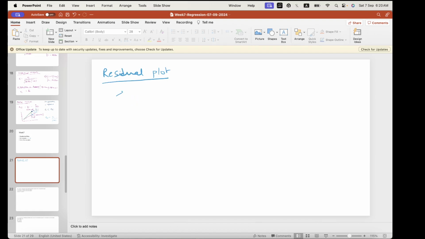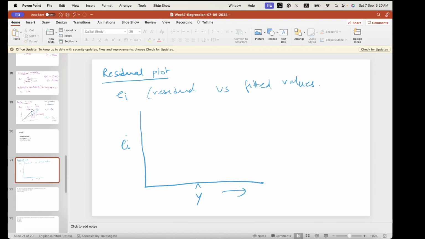So what do we plot? We plot ei, the normal residual, versus fitted values. After fitting a linear regression, we get ei values and we get y hat values. So we'll plot y hat along the x-axis and ei along the y-axis. If we see points randomly scattered around 0, let's say this is the ei equal to 0 line, this is something ideal.